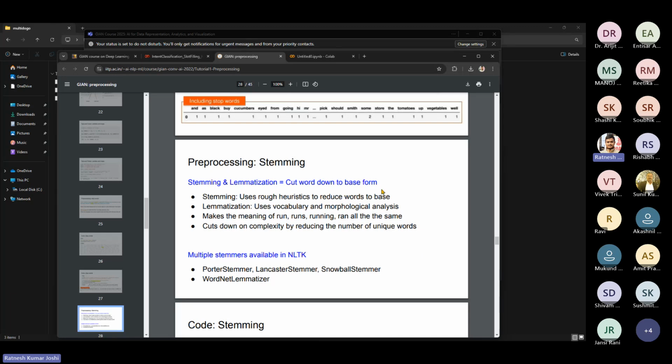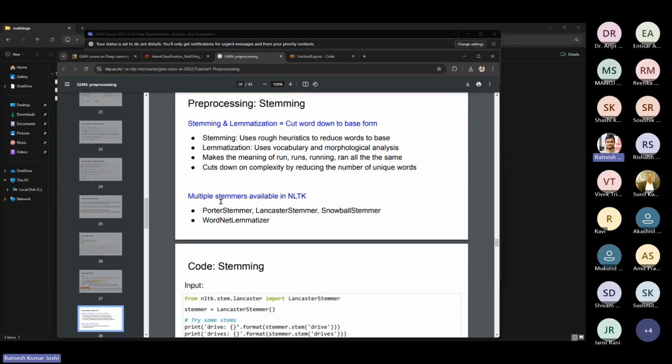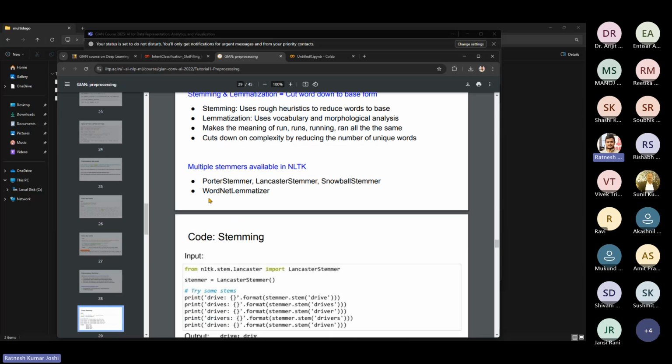For example, these are some popular stemmers available in NLTK: Porter stemmer, Lancaster stemmer, Snowball stemmer. The most common one used is generally the Porter stemmer. And the WordNet lemmatizer is the most relevant lemmatizer, because for lemmatization we are trying to get a general idea of the English language as well. So the number of lemmatizers is generally lower compared to the stemmers.